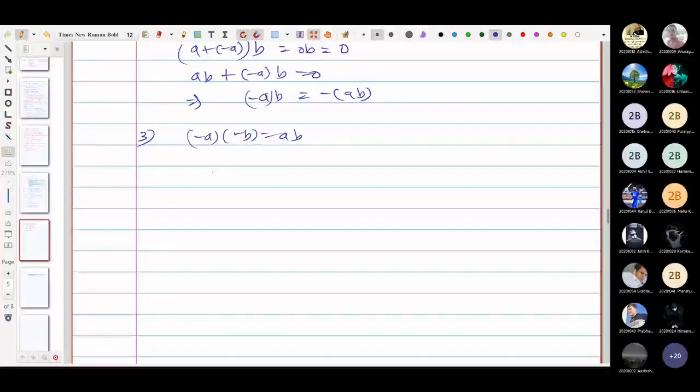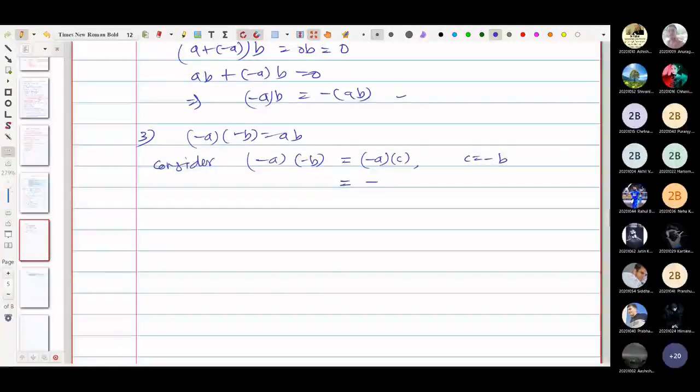Consider the left hand side, negative a times negative b, and let us write it as negative a times c, where c equals negative b.